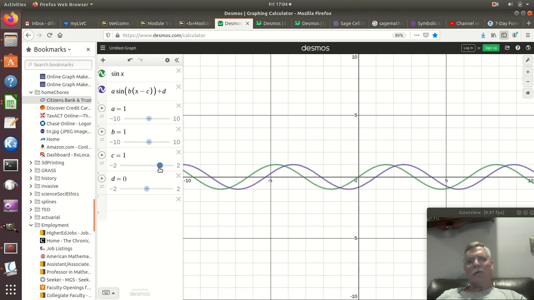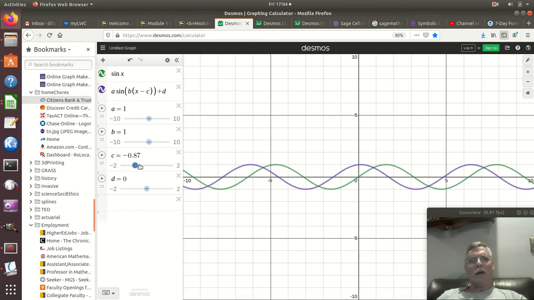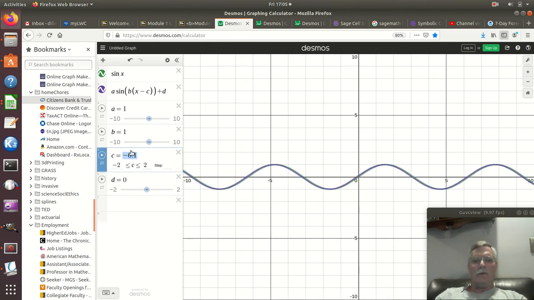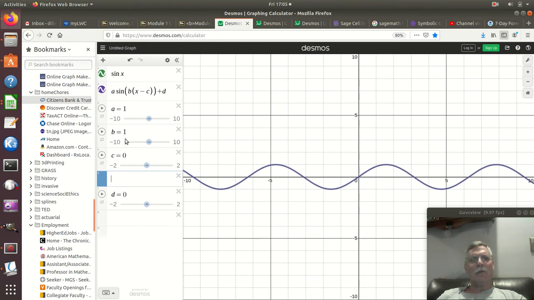Okay, so I have moved C by 1, and notice this point here becomes this point here at 1. And if I move it in the negative direction, it comes back. And so what's important there is that this is a minus C. Okay, and that allows me to move this back and forth. Let's put it back at 0 here. And the easiest way is probably just type the 0 and put it back.